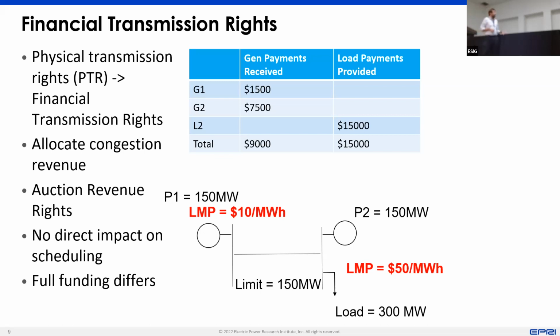So there are a lot of different variations across the ISOs that I won't get into, but that's really the gist of why these financial transmission rights exist: hedging against locational price volatility, and potentially speculation and earning profits from differences between financial transmission rights pricing and energy transmission congestion pricing.